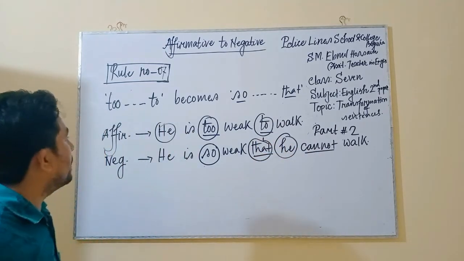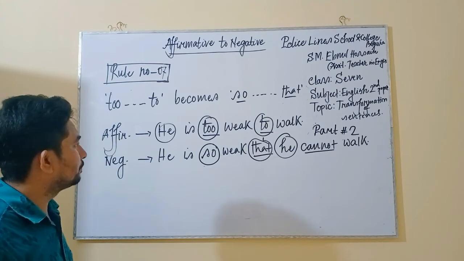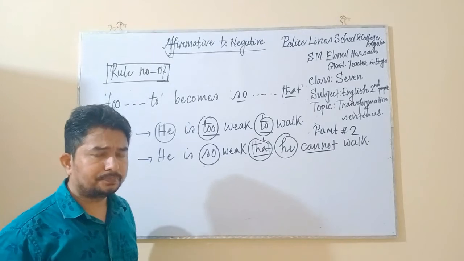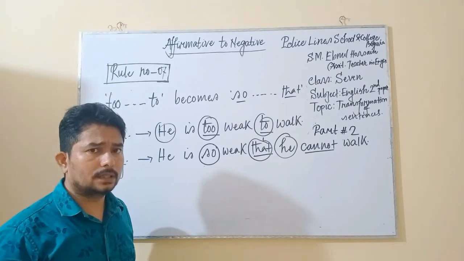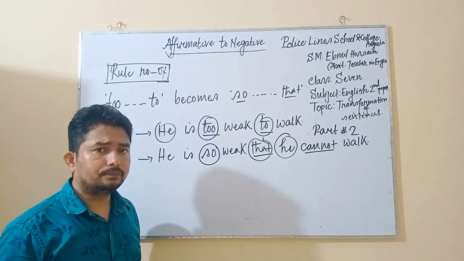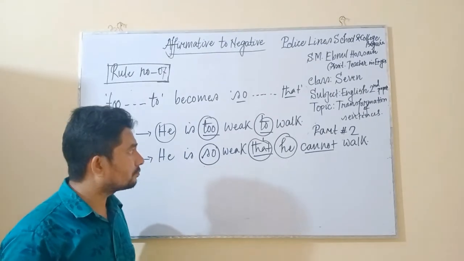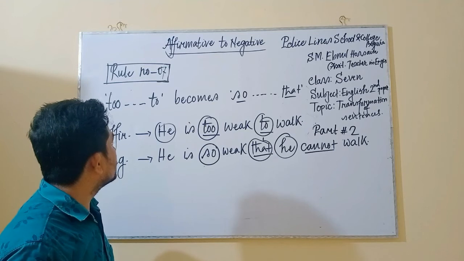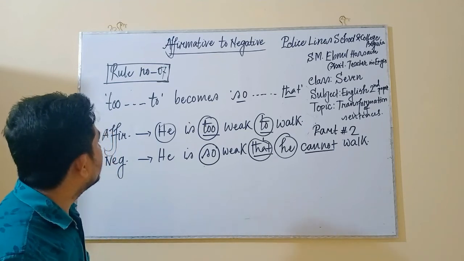So this is rule number 7, and these rules come frequently in the question paper. So you will practice these rules very carefully.